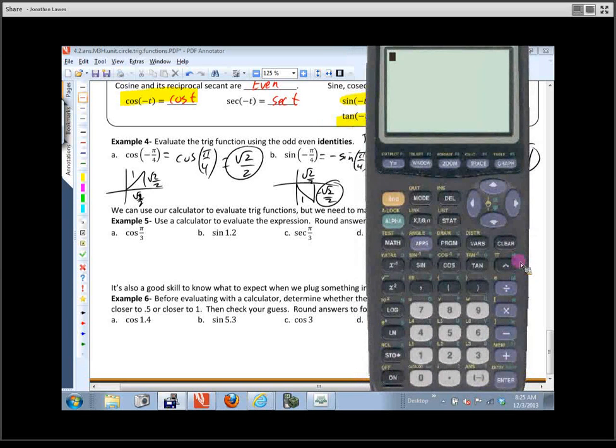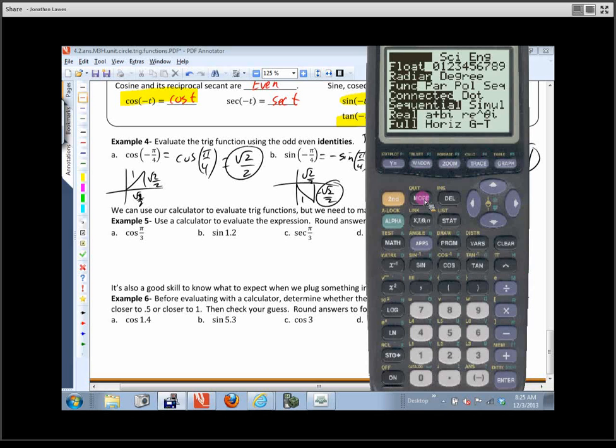In a trig class, it's really important that if you let your friend borrow your calculator, or even if it was yesterday that you used it, before you type something in, check and make sure that it's in the right mode. So we're going to hit the mode button. By default, it chooses radian mode, which is good. If you want to compute something in degrees, you have to come down here, highlight degrees, hit enter, and then it would be in degree mode.